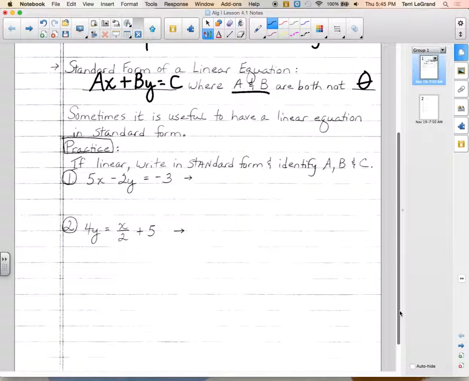Let's run it through the tests. Are both x and y to the power of 1? Even though it's invisible, yes they are. It's 5x, x being to the first power, minus 2y, y being to the first power, equals -3. Passes that test. X and y, are they being multiplied together? No, y's are being subtracted from x's, but there is no multiplication going on between the two.